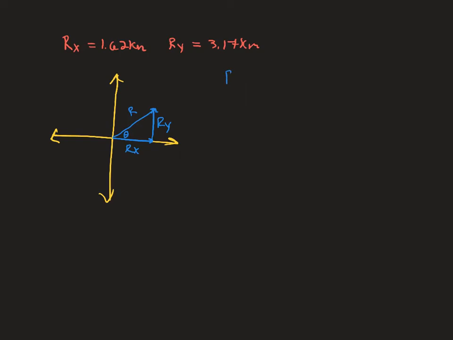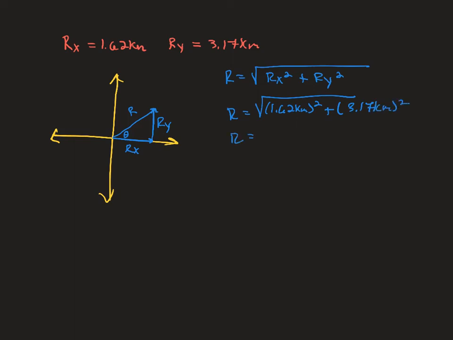So we're going to use the Pythagorean Theorem in order to find the magnitude of the vector. So we're going to take our 1.62 kilometers squared plus our 3.17 kilometers squared, so that our resultant vector magnitude is 3.56 kilometers.